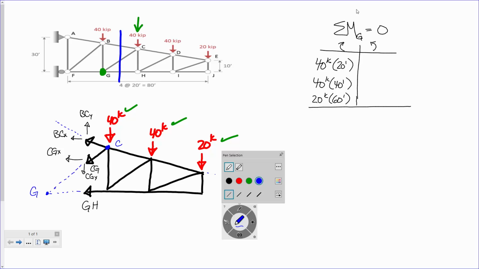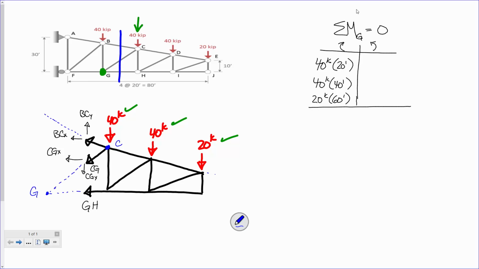This BCX and BCY, I can move it up and down this line, right? Remember the principle of transmissibility: as long as it's acting along that line, it can move wherever. Okay, watch this. I'm going to move those forces here and here.